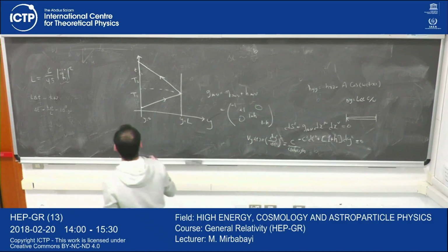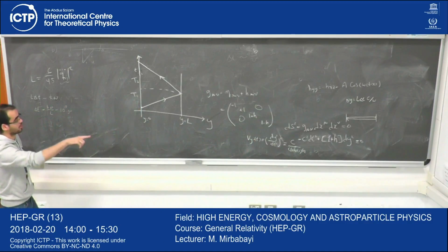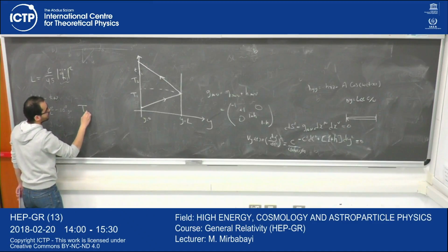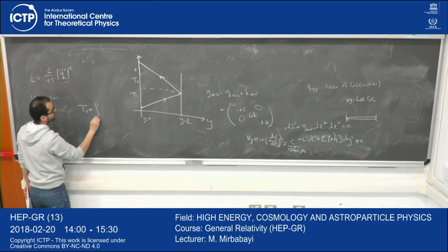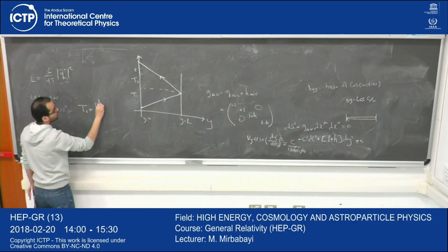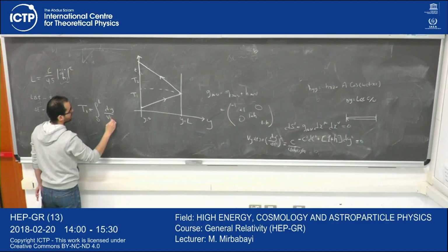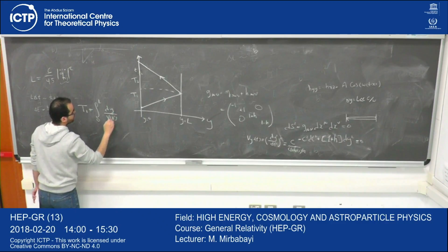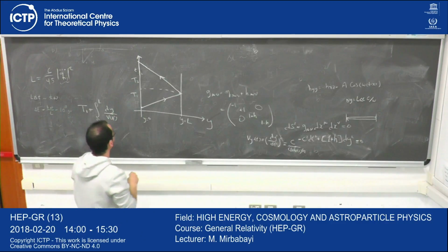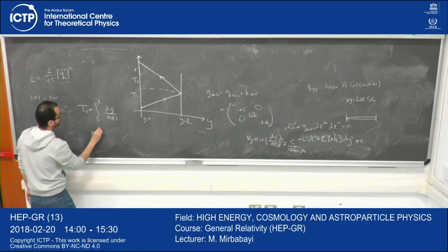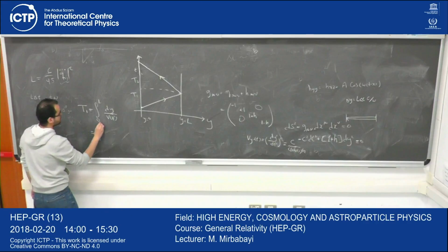Then I can use this to calculate the time for the trip, T1 and T2. T1 is the integral from 0 to L of dy over v(t'), where t' is the retarded time.